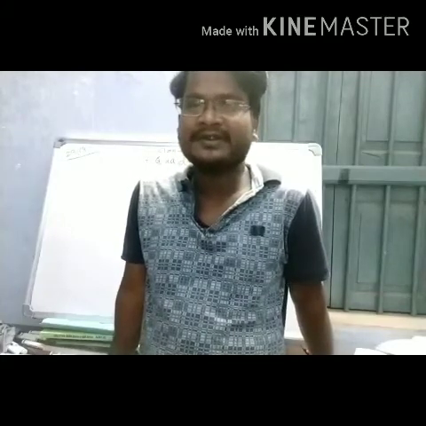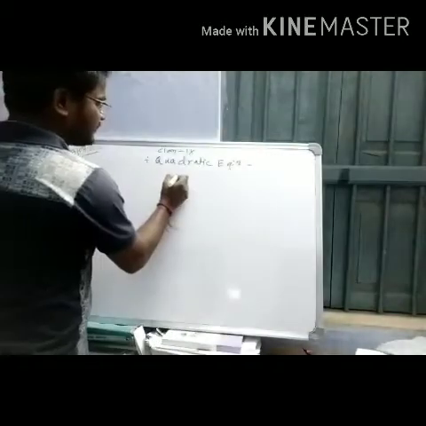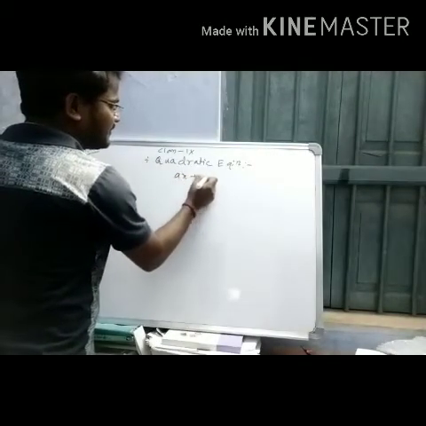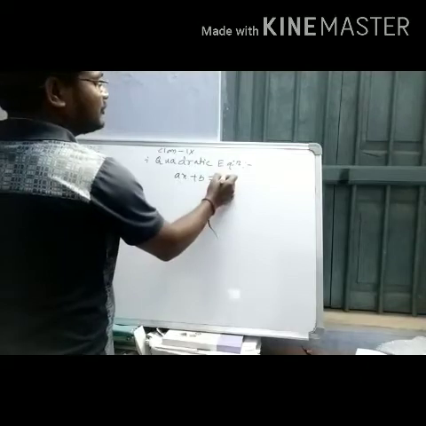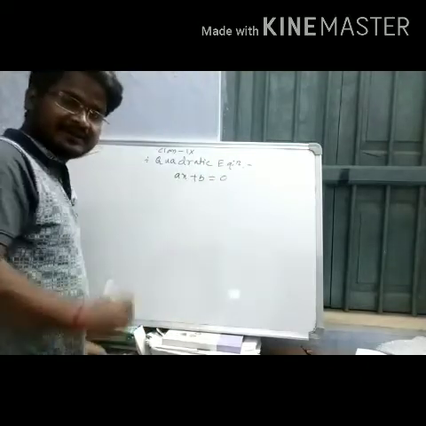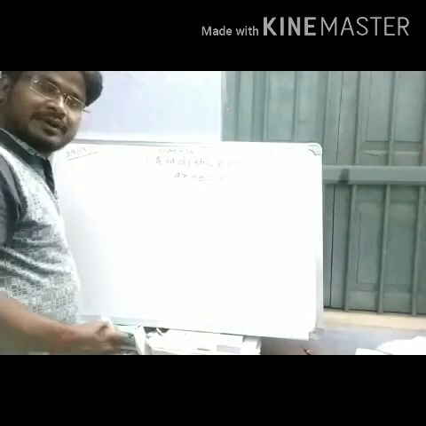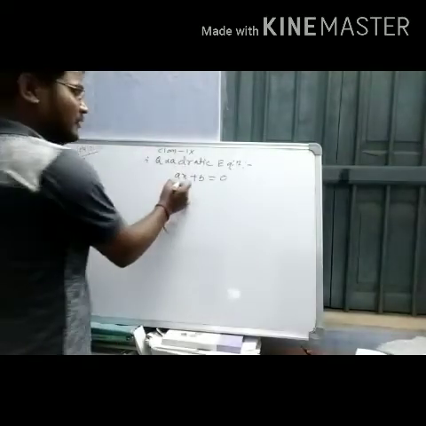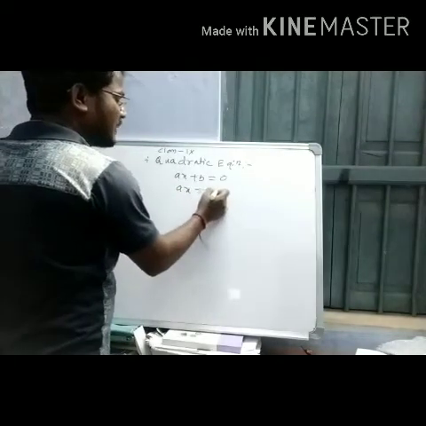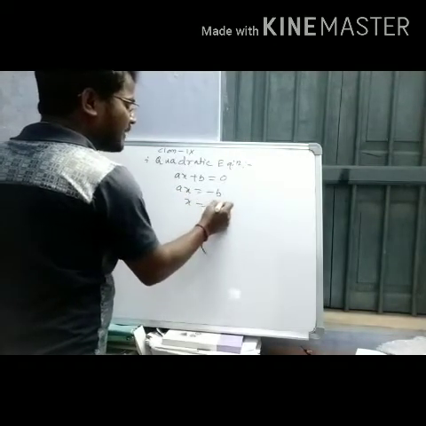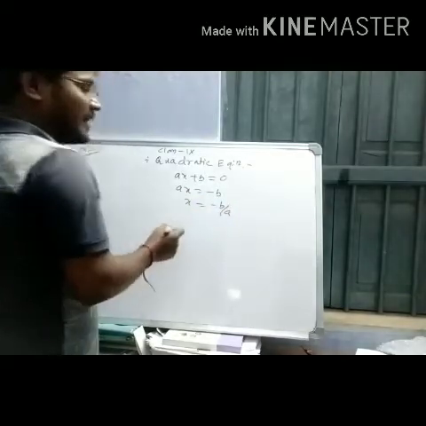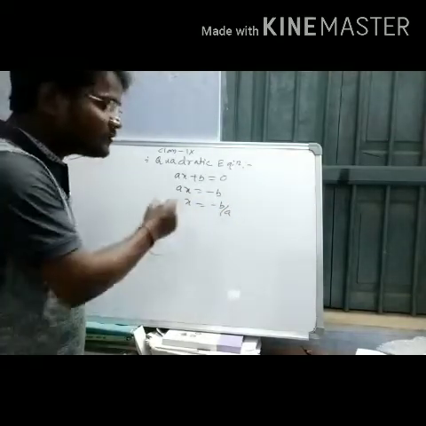In the previous class, you learned how to solve the linear equation. Linear equation means, suppose I write here an equation ax plus b equals 0. If I ask you to find the value of x, then you can find ax equals minus b, x equals minus b by a. And here how many values of x did you get?